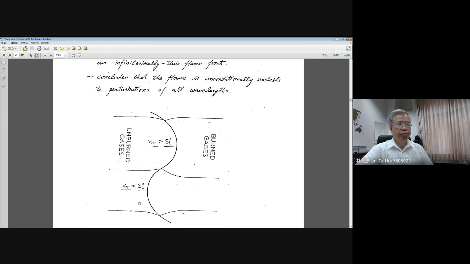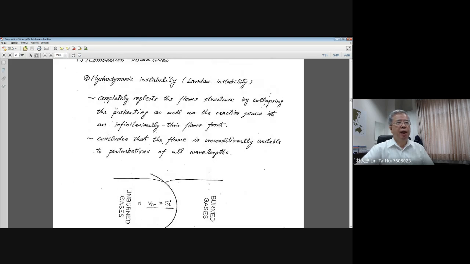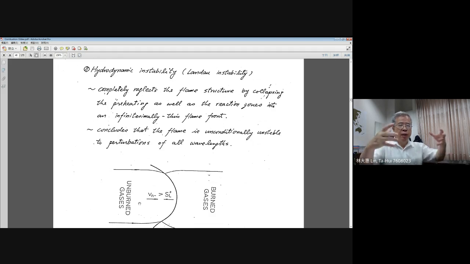Now, when you study the stability of a given system, usually we say, for example, this system is stable and exists in some conditions, and you want to check its stability. The easiest way to examine it is to use some perturbation to disturb the system.